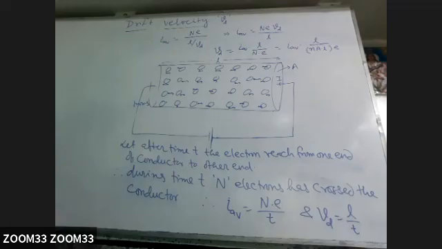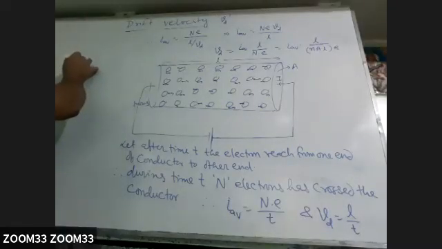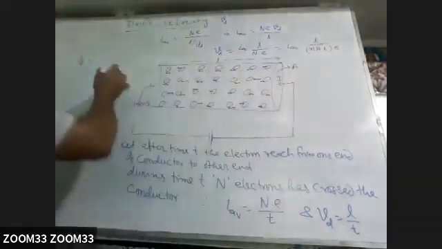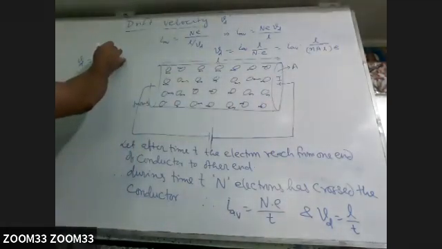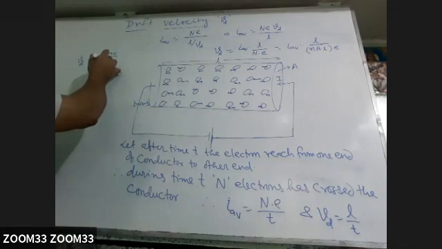Any confusion? So this L will be cancelled. So it is I average over n A e.